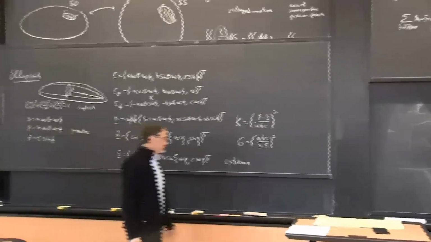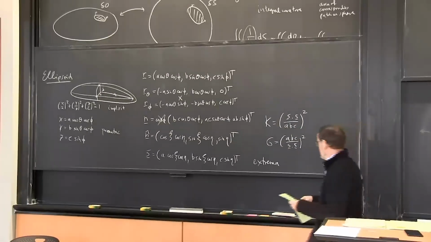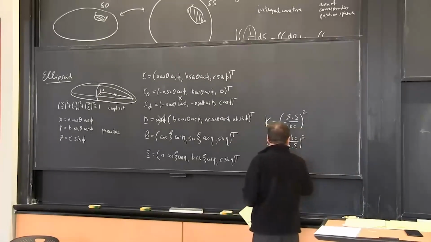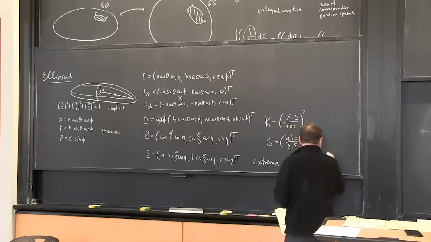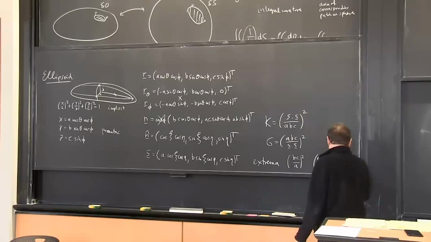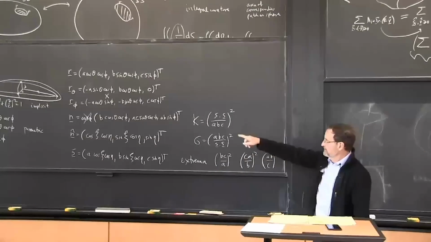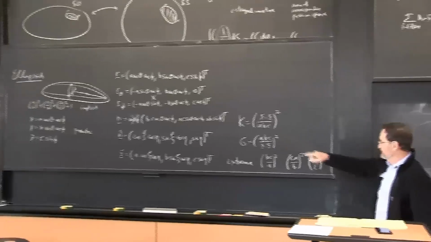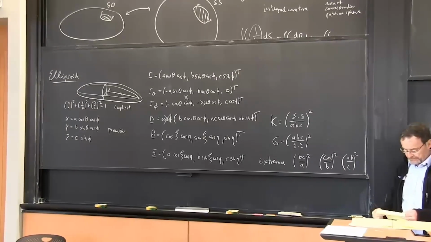And sure enough, we end up with maxima and minima. So those are the extreme values, and they occur at the places where the semi-axes intersect the object.